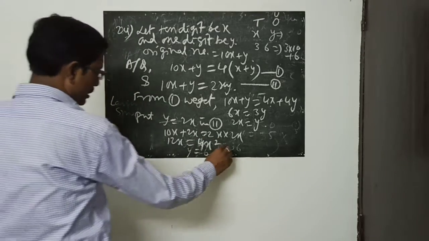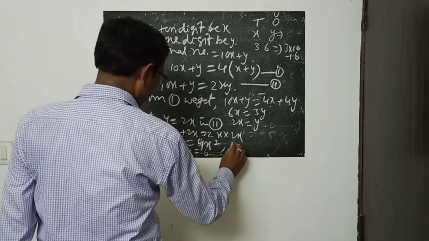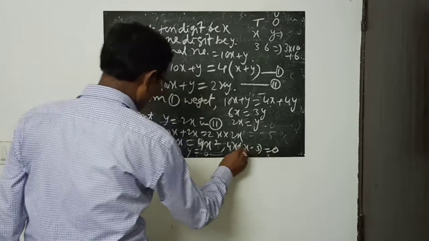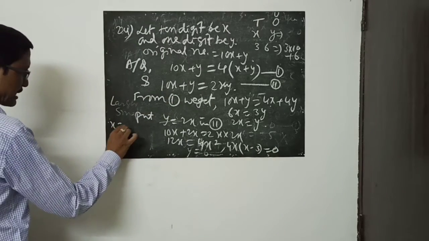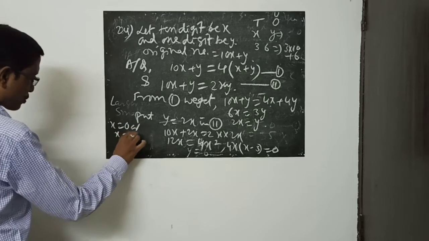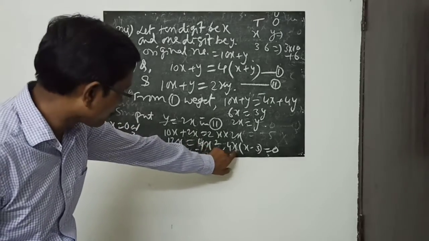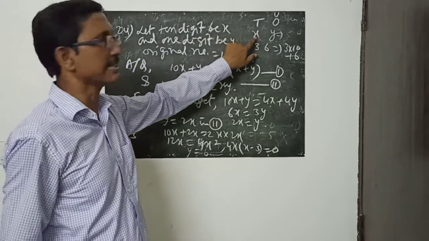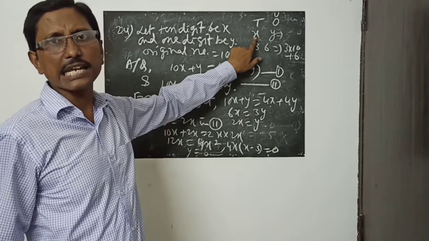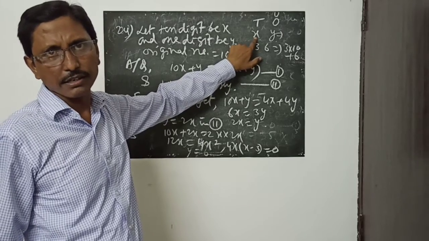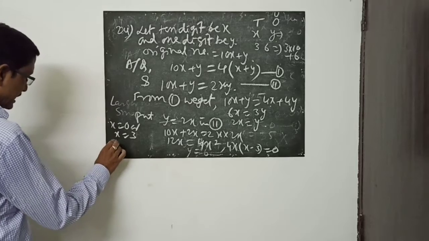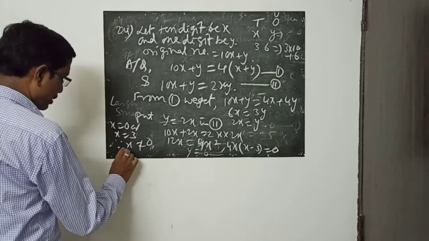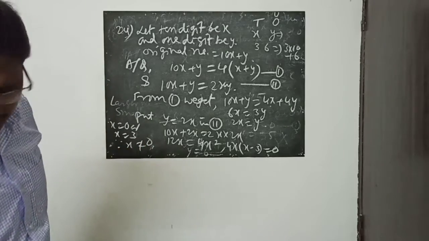So if you solve, taking 4x common, ultimately x minus 3 equal to 0. So x equal to 0 or x equal to 3. But what is x? x is the ten's digit. So the ten's digit cannot be 0 for a 2-digit number. So since x cannot be equal to 0, x is equal to 3.